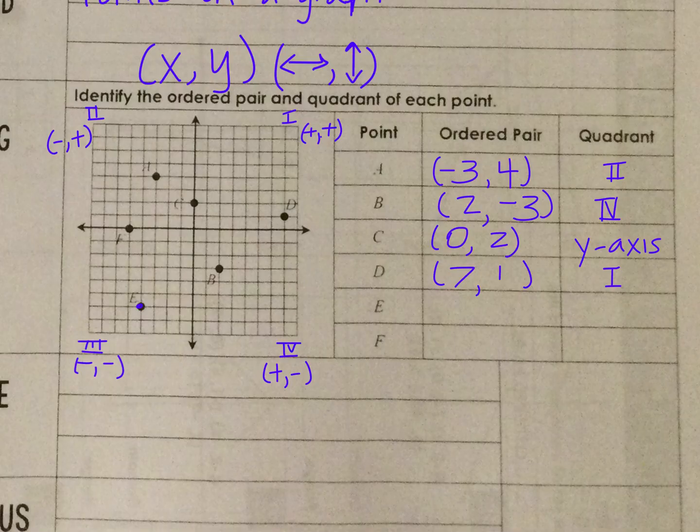E is way over here in quadrant 3, and in quadrant 3, both of the numbers are going to be negative. So I'm going to go to the left, 1, 2, 3, 4, so negative 4. Then I go down, 1, 2, 3, 4, 5, 6, negative 6.